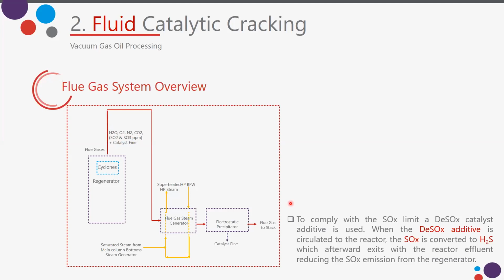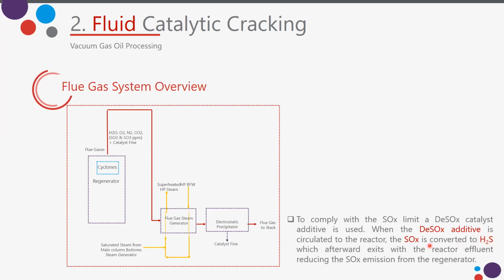We will use an additive, okay? We will use a desox additive that we will introduce with the catalyst, and this additive will transform the SOx into H2S. Remember that then we can remove this H2S in the gas concentration unit with the amine absorption.